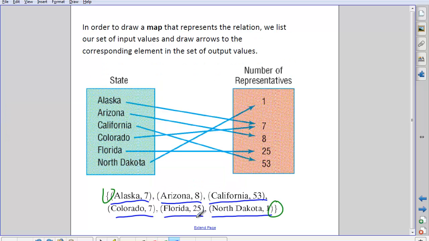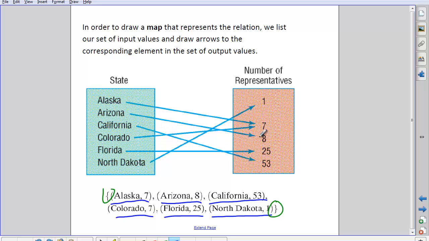If you look at this example we just covered with states and numbers of representatives, you see that each input, all these states, don't they have exactly one arrow coming off of each one of those? Each input corresponds to only one output. California corresponds to 53 representatives.